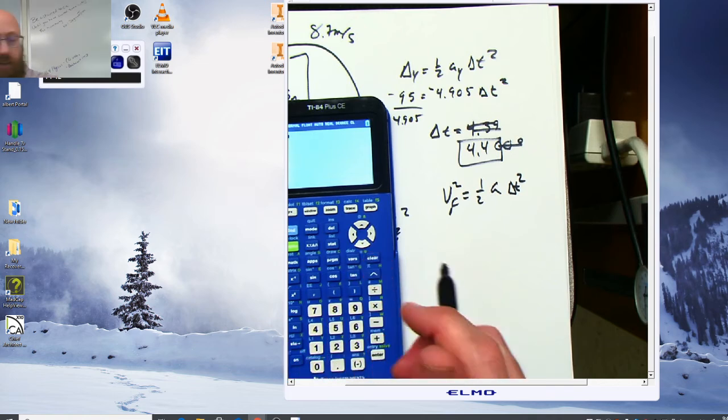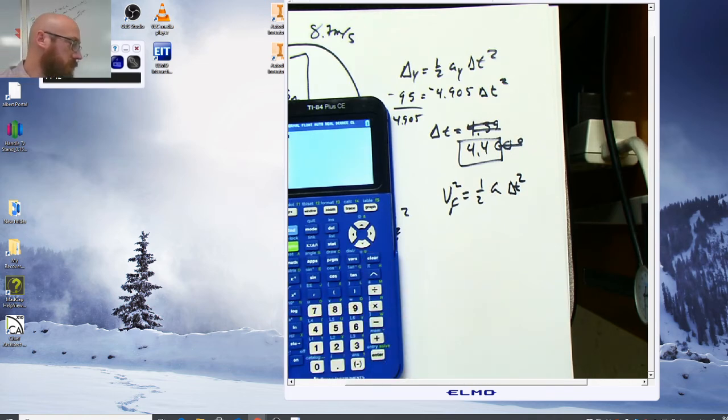I don't have the equation right. That's why you get the equation right off page 48. Oh, there's a simple one. Let's use a simpler one.